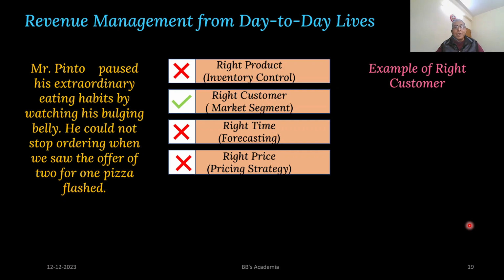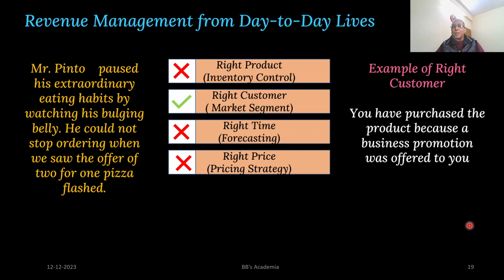So, example of right customer, you have purchased the product because a business promotion was offered to you. You feel great about it. And if I purchase one pizza, 2 pizzas will be served. Oh, this is great. I must go for this. And automatically what is happening from seller's point of view? Sale is going higher in that lean period.